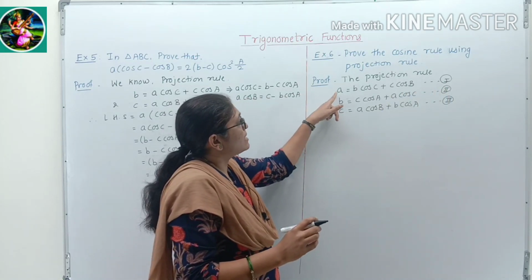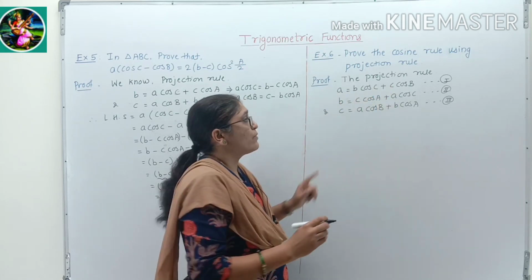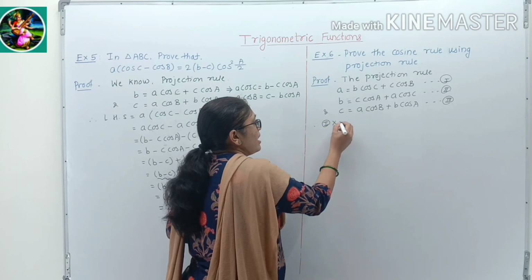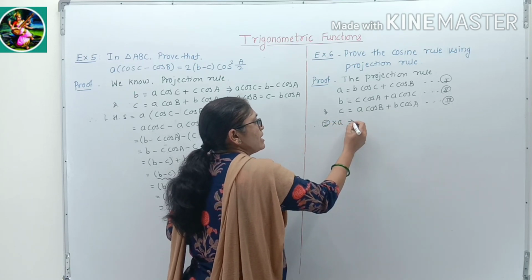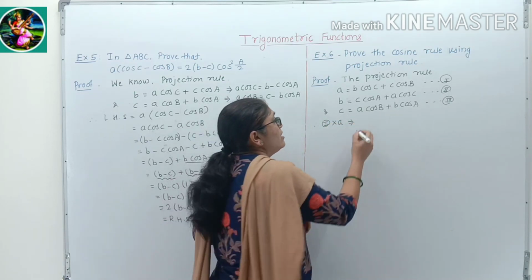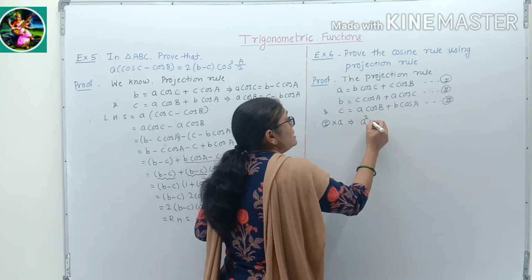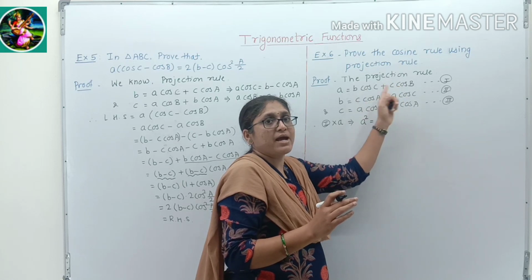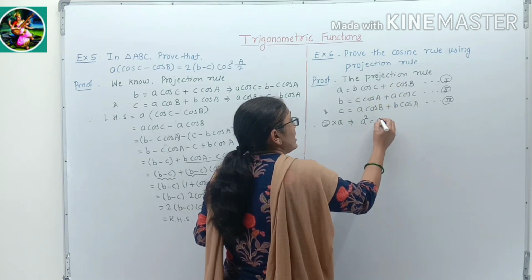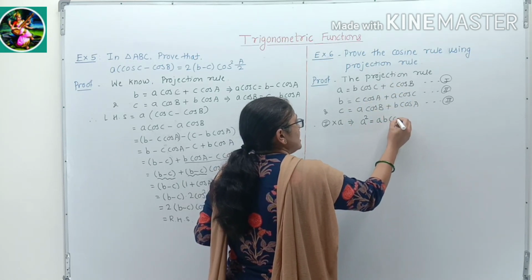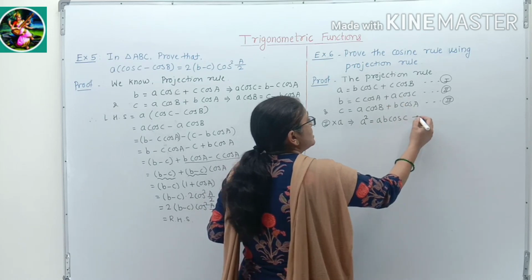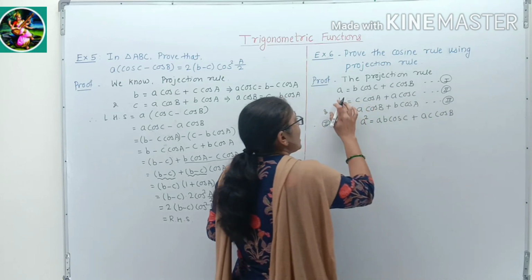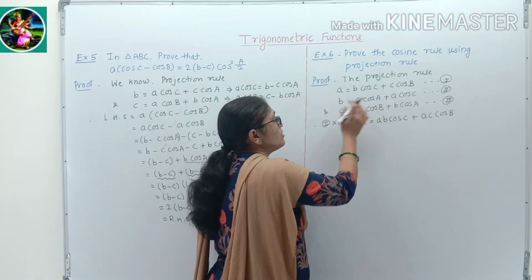Multiply equation 1 by a. Here we get on the left hand side a², equal to, we multiply each term of the right hand side by a, that is ab cos C plus ac cos B. We multiply the second equation by b.